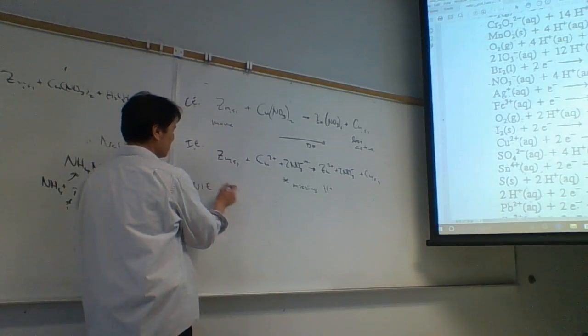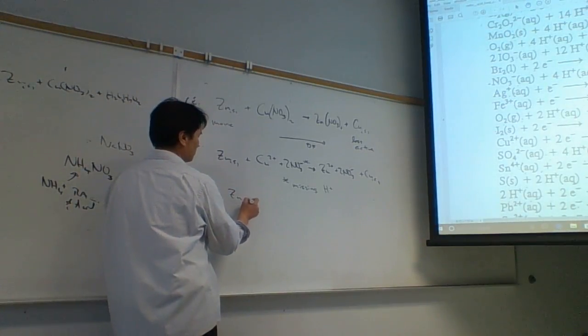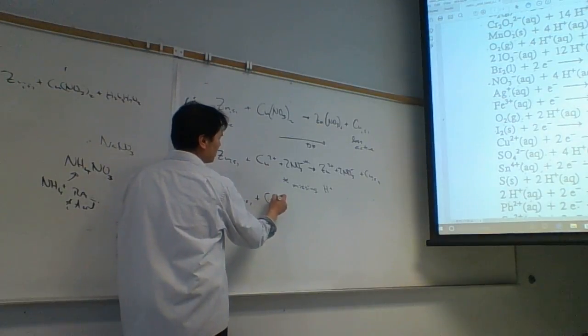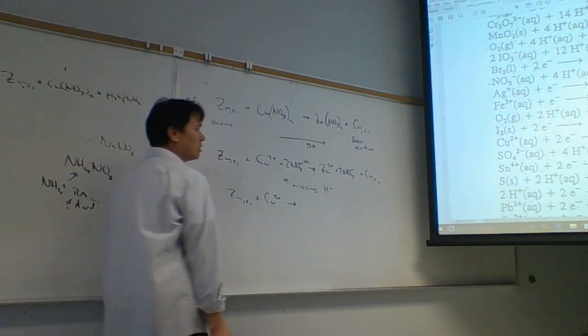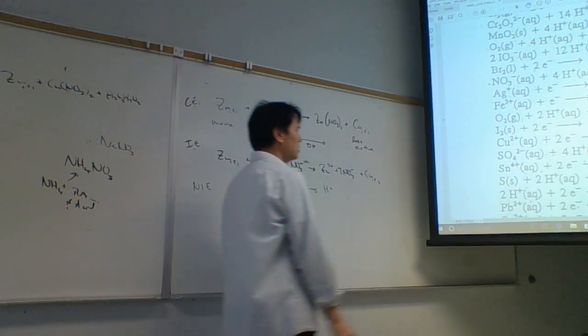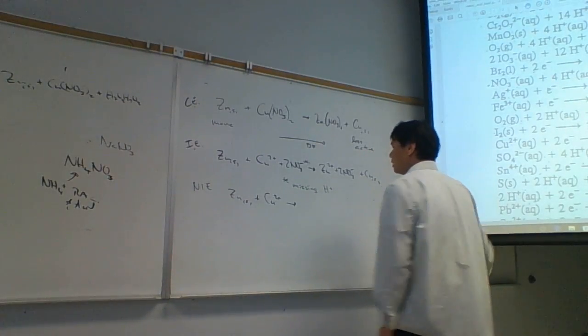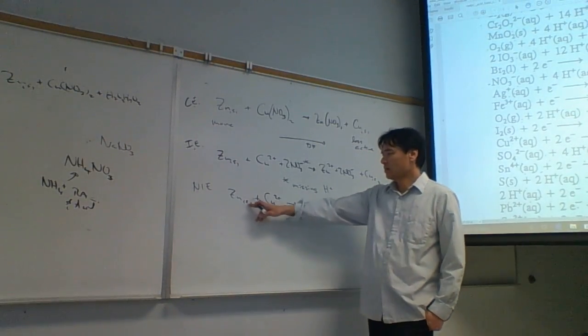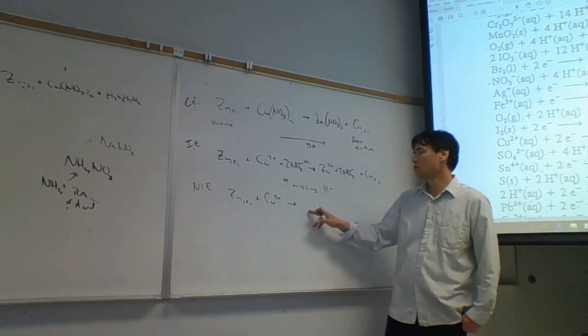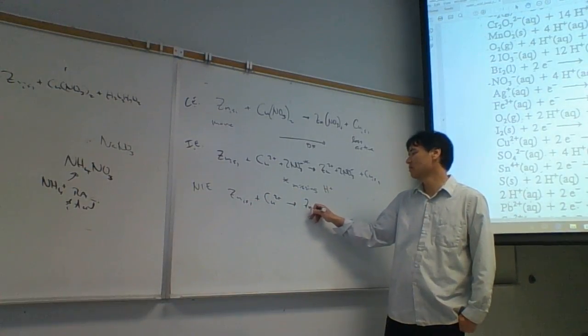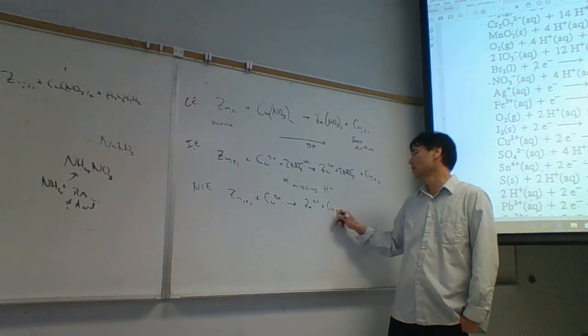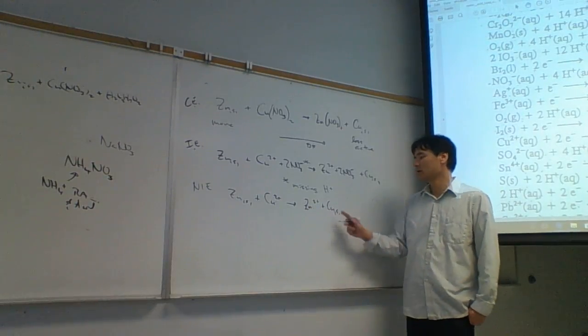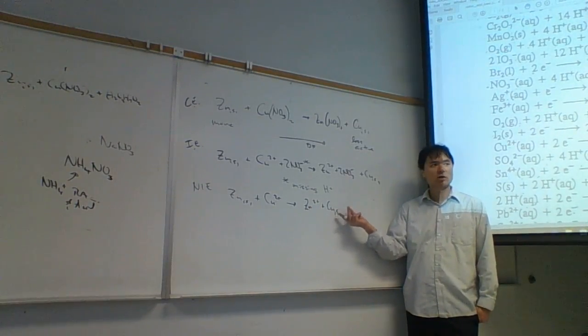The NIE for this one is going to be zinc solid is going to be oxidized by copper 2 ions, which will be the strongest oxidizer. Copper 2 is much stronger than water. Water is way down here, so we don't have to factor in water. And zinc is a much better reducer than water. And so water is not a factor here, and this is going to form Zn2+ plus copper solid. Precipitation is not a factor here. Just because copper metal precipitates doesn't drive the reaction.